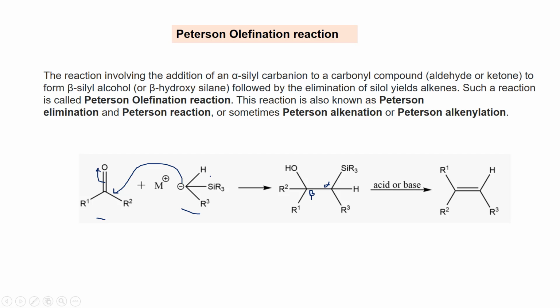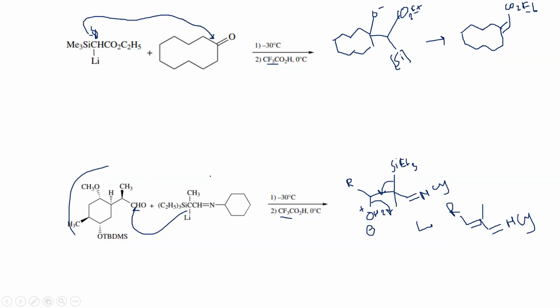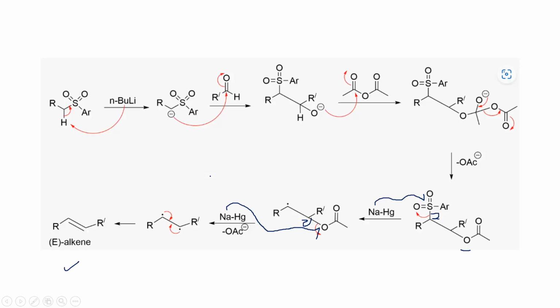Then we discussed the Peterson olefination reaction and how we can control the stereochemistry of the product just by controlling the reaction condition of this Peterson olefination, and solved some questions. Then we discussed Julia olefination, where we stated that in this reaction we specifically get an E double bond.